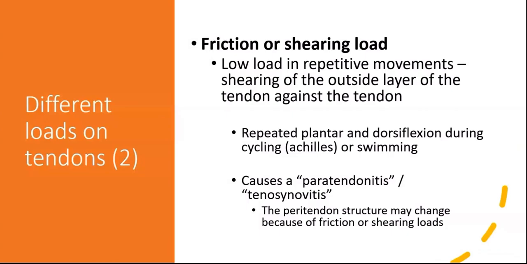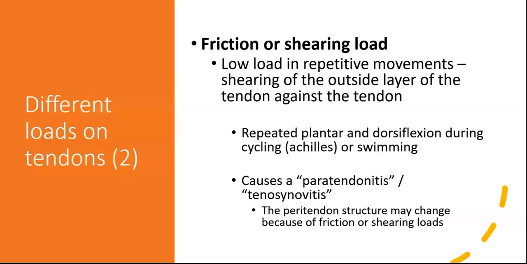Which other load do we have? For instance, a friction or a shearing load. In that case, we talk about low loads in repetitive movements, whereby there's a shearing of the outside layer of the tendon against the tendon.